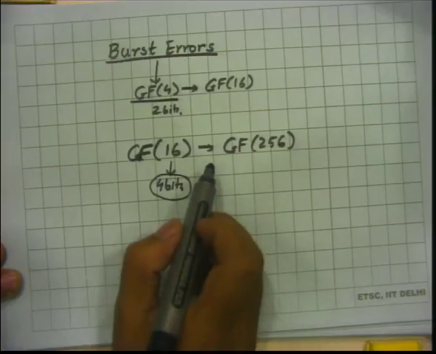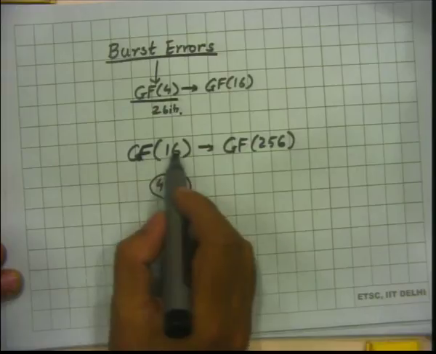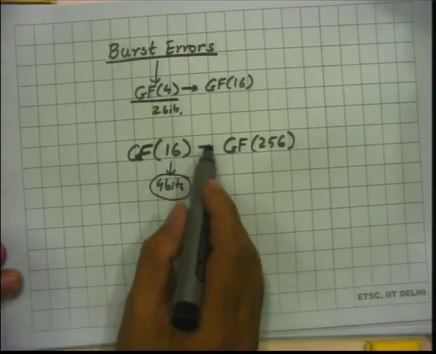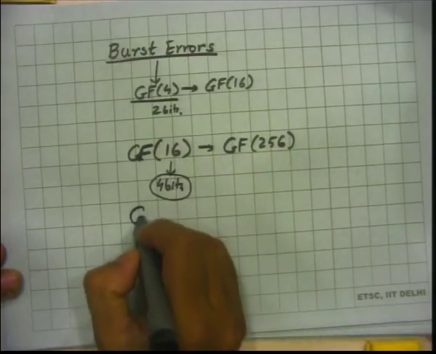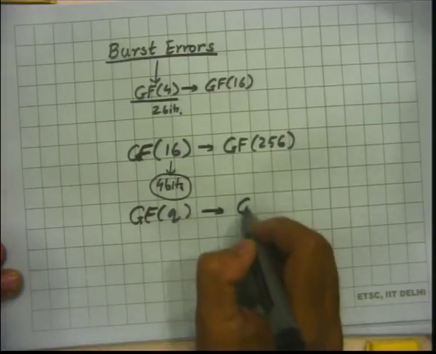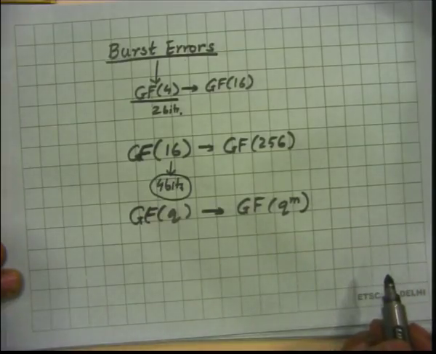So, the strength or the burst error correcting capability comes because I am using a larger and larger Galois field to do so. Fine. So, please note that if this is GFq, then I am looking at GFq raised to m, where m is an integer.